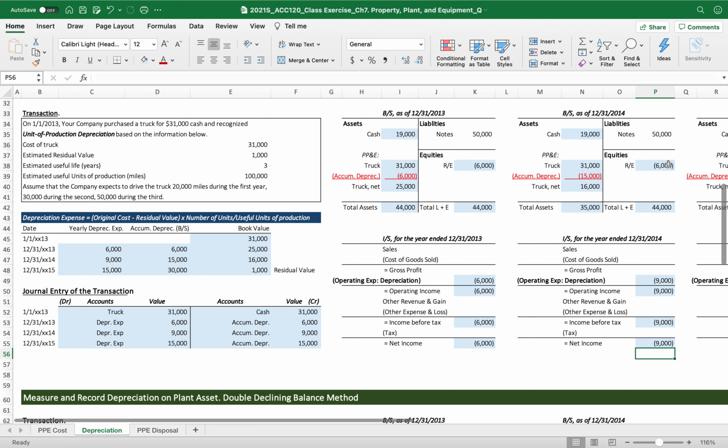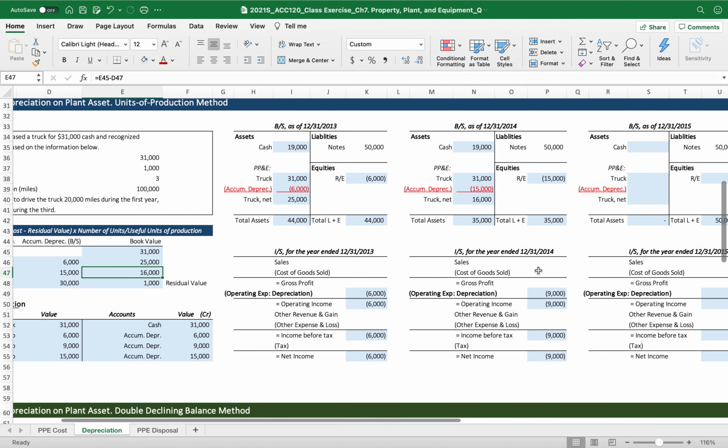It should also be added into the retained earnings, $9,000. So we got 35,000 total balance of assets and liabilities plus equity balanced out, and the truck net book value is $16,000 as we calculated.